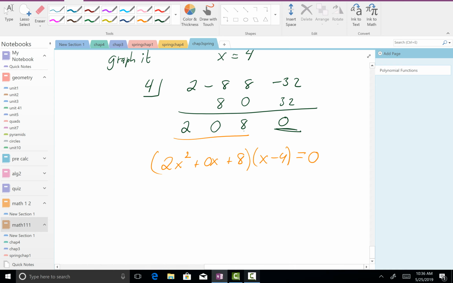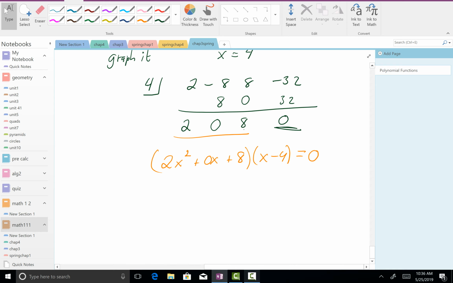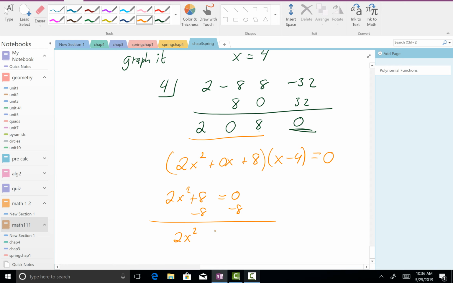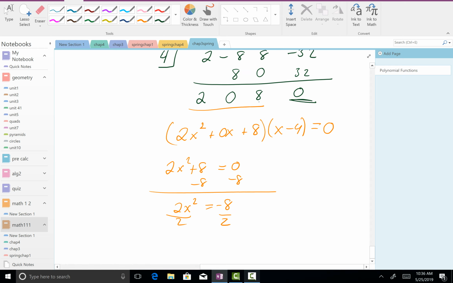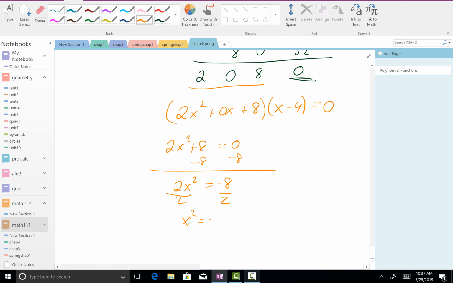Here's the good news. I know how to solve this. I could set it equal to 0. Divide by 2. Square root. Now you're saying you can't take square root of a negative number.